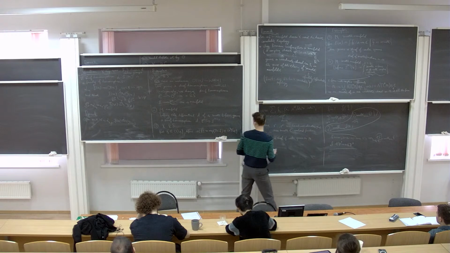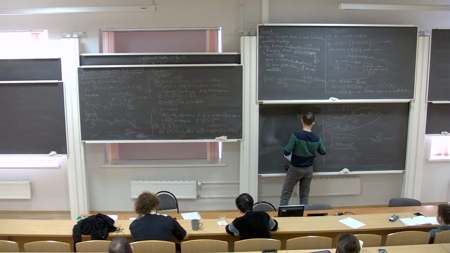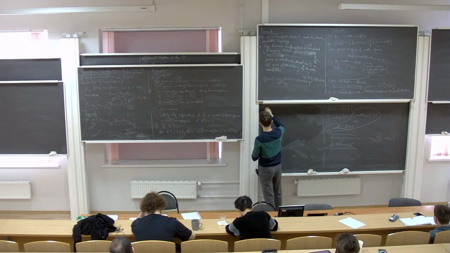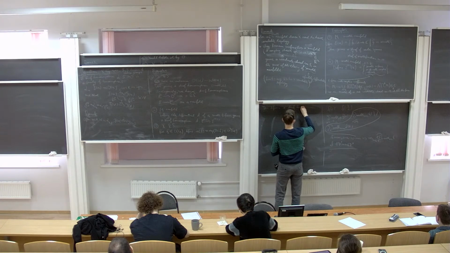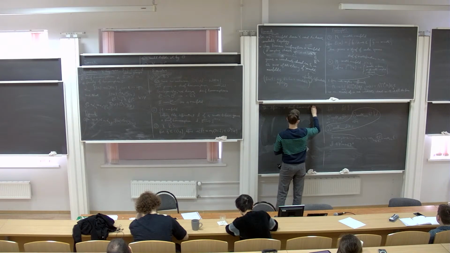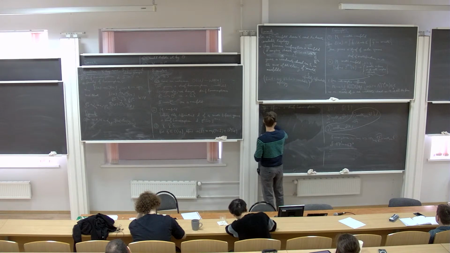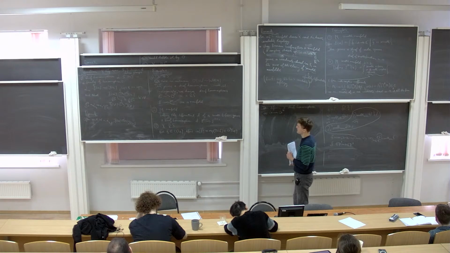And this defines a sheaf homomorphism chi from O to O star.